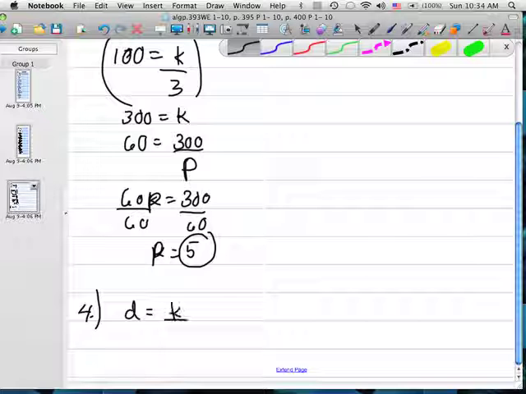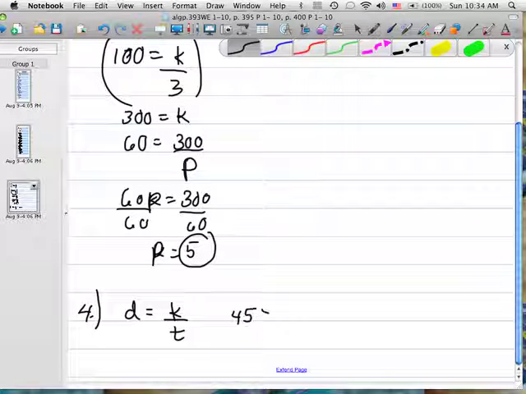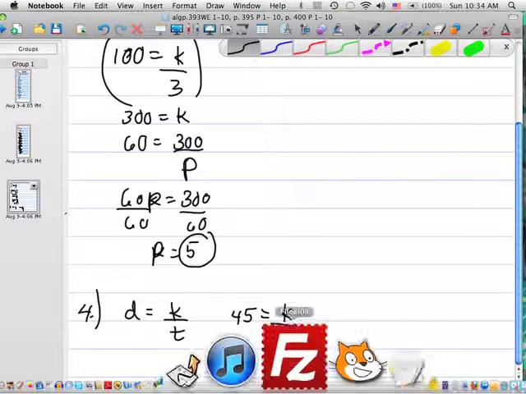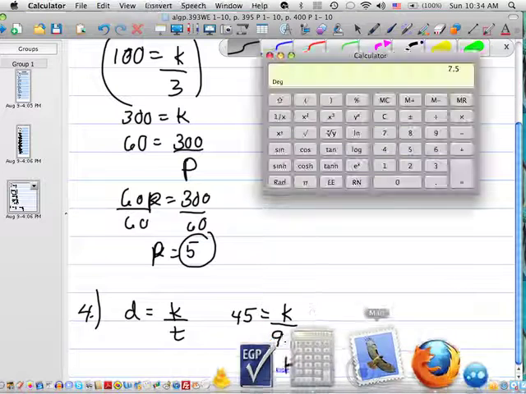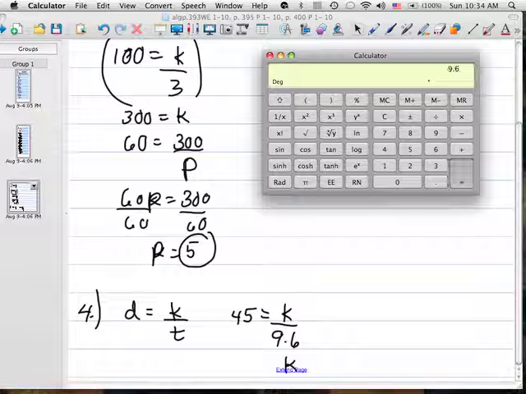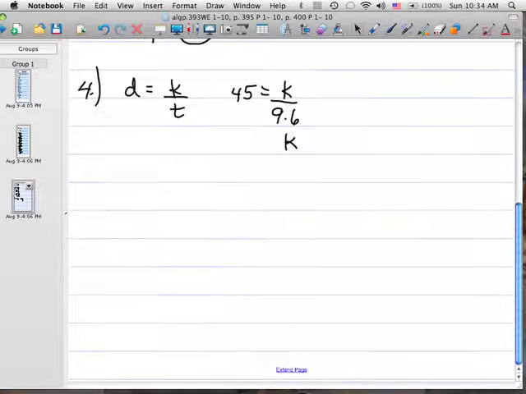So K over time. So 45 seconds equals K over 9.6. So take 45 and times it by 9.6. And our constant of variation is 432.